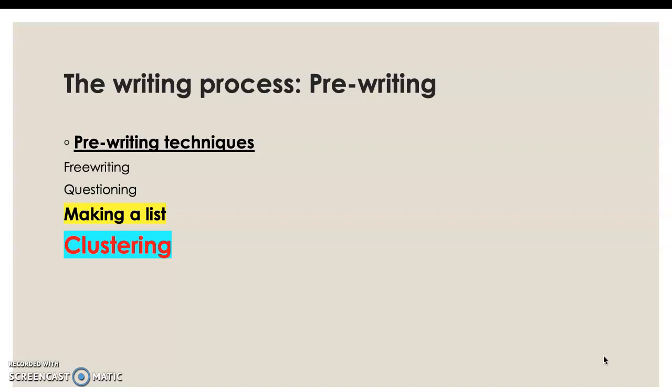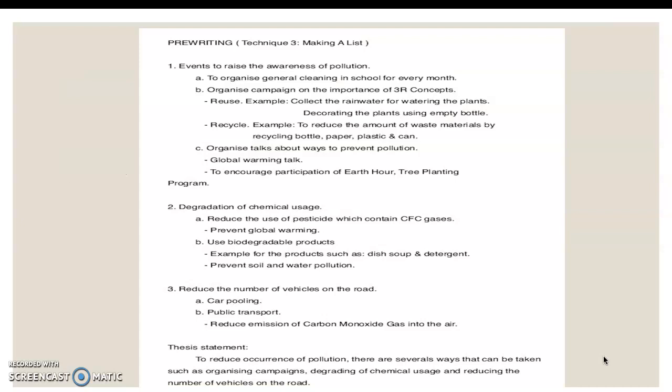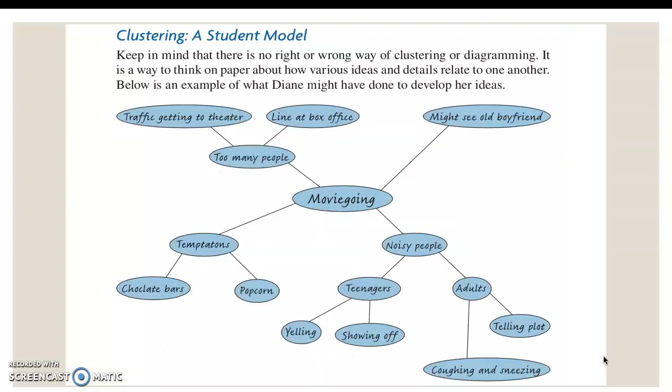All right. So those are the things that we have been doing, and yes, for the writing process, the pre-writing techniques, there are two techniques that I find very good for you to use when you are writing an essay or you want to teach your students to write an essay, which is making a list and clustering. So making a list looks like this, whereby you list all the points that you would like to use, and clustering will be in the form of a diagram.